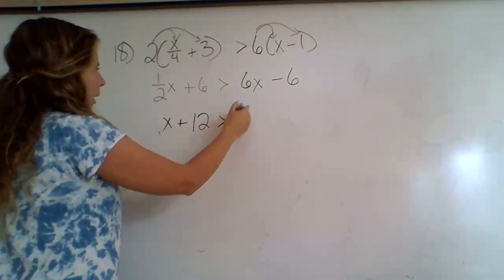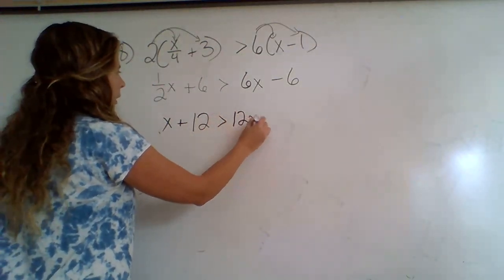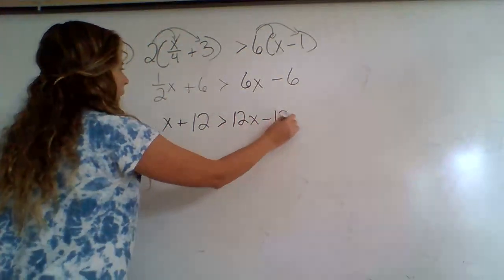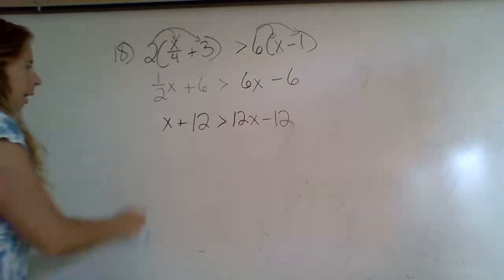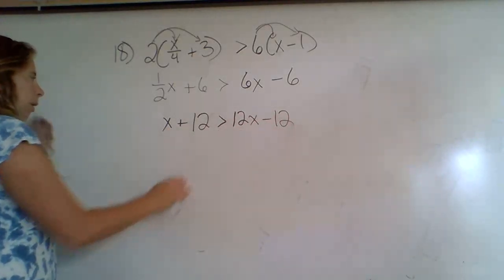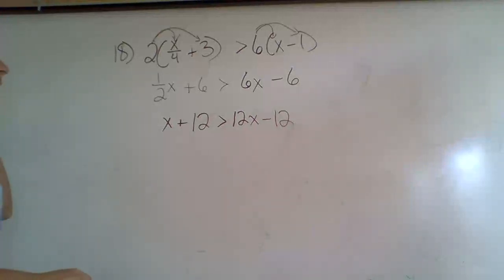And then 6 times 2 is 12. -6 times 2 is -12. Okay, if you want to get rid of the fraction, that's where you end up. And then you would keep going from here to solve for x.